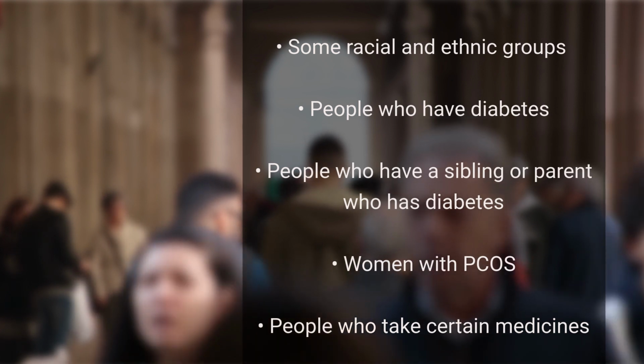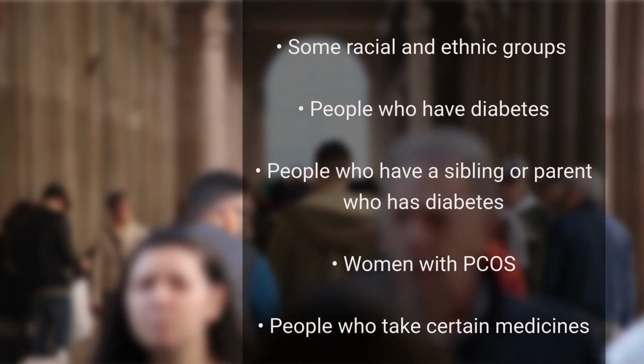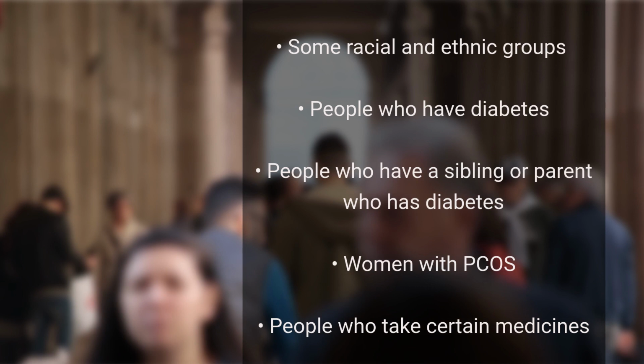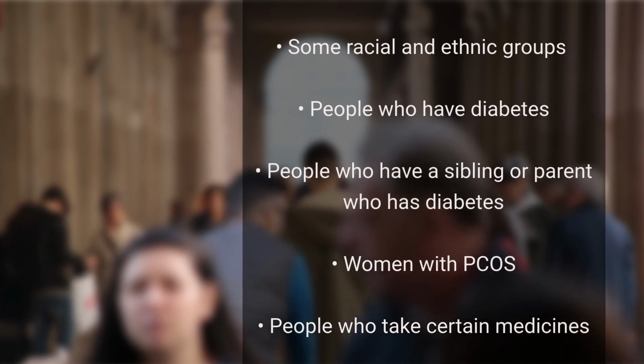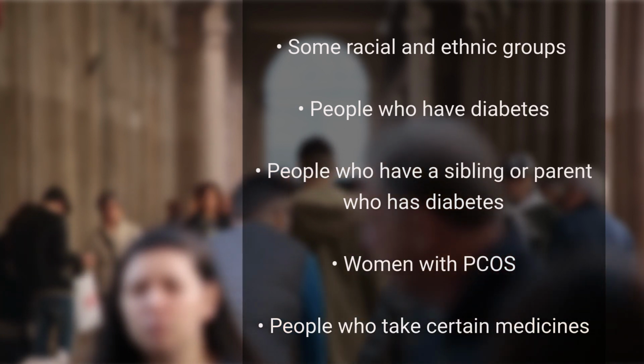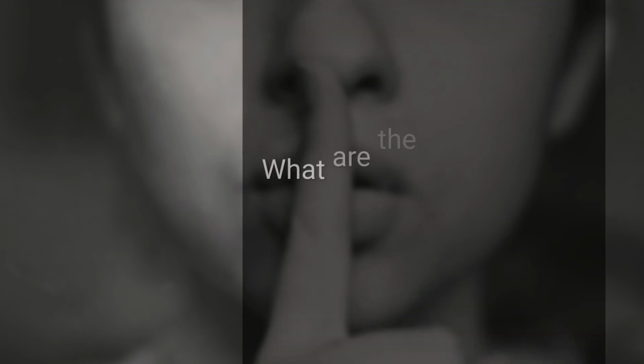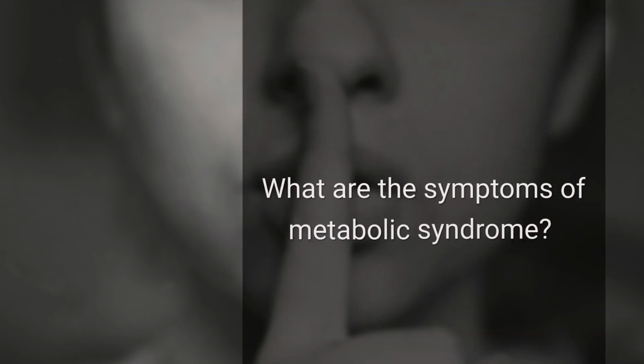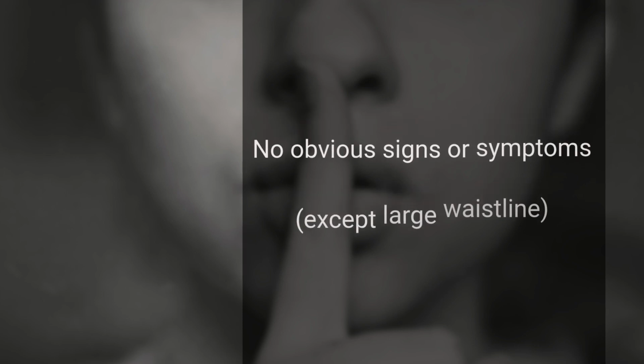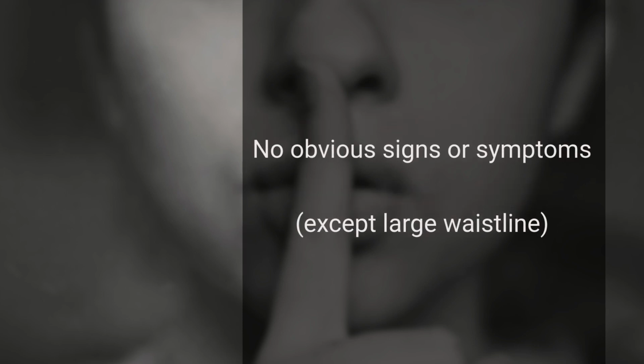And, finally, people who take medicines that cause weight gain, or changes in blood pressure, blood cholesterol, and blood sugar levels. What are the symptoms of metabolic syndrome? Most of the metabolic risk factors have no obvious signs or symptoms, except for a large waistline.